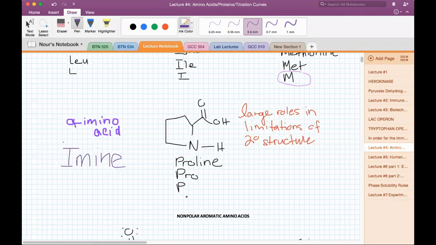And it introduces limitations in the secondary structure. It might not be collagen, it might be something else. But in a sense, proline leaves not much room for any other amino acid but glycine to fit in, because the side chain is so small. So proline is the amino acid that introduces rigidity to a secondary structure. So that's essentially what it means.